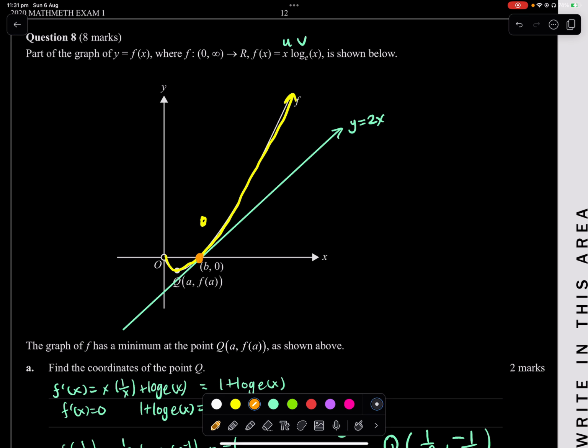We know f of x, and we know that the gradient is 2. So if we let the gradient equal 2, we'll find the value of this intersection.